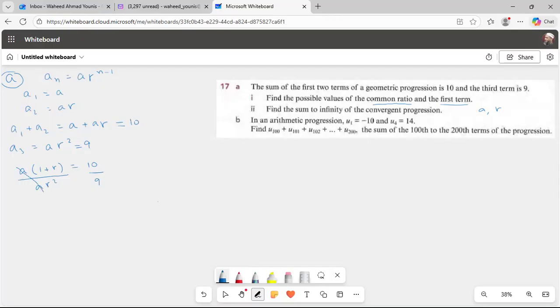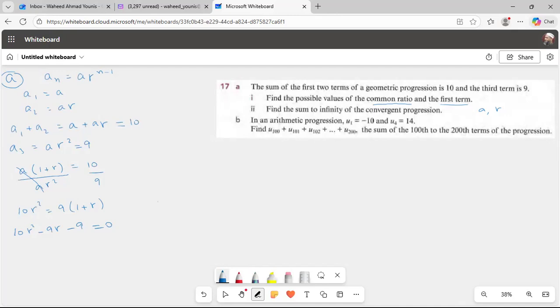If I do the cross multiplication, it's going to be 10R square equals 9 times (1 plus R). Okay, no problem. So 10R square, and the 9R will go to the left side, it becomes minus 9R minus 9 equals 0. Okay, now we have a quadratic equation. We can solve it and find the value of R.